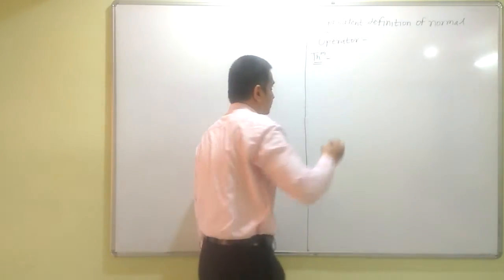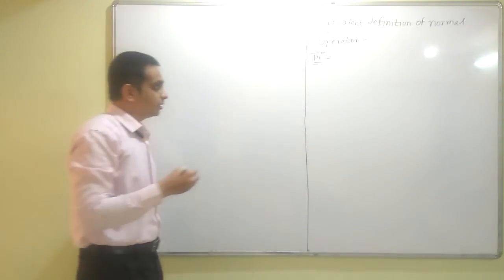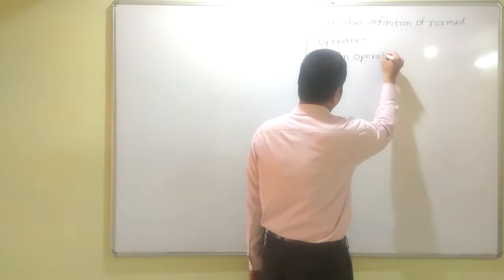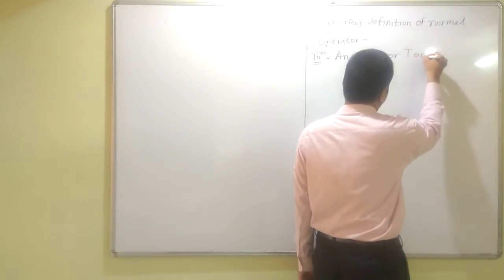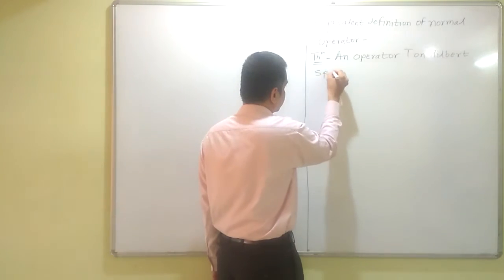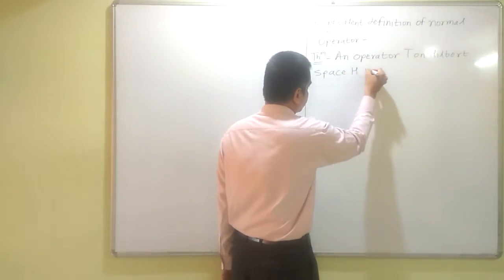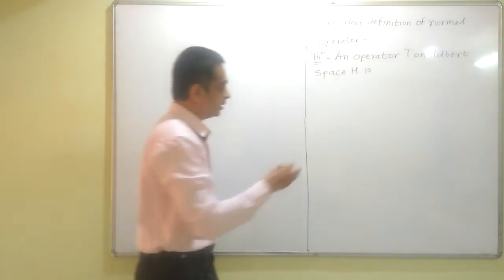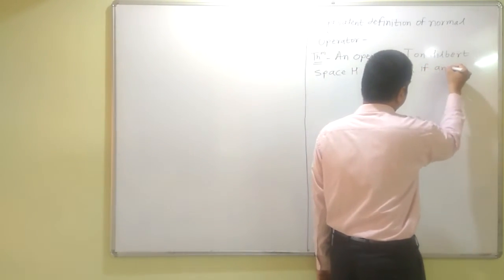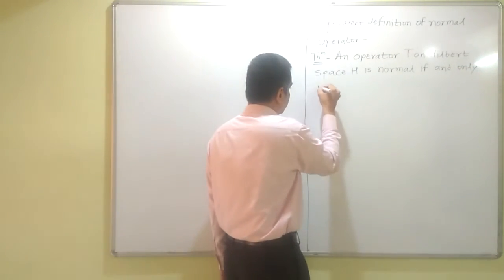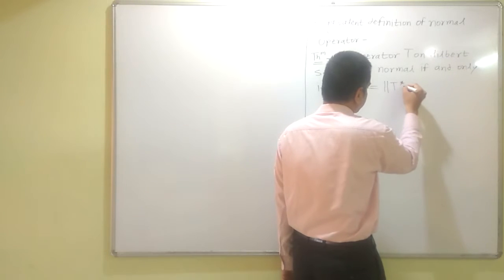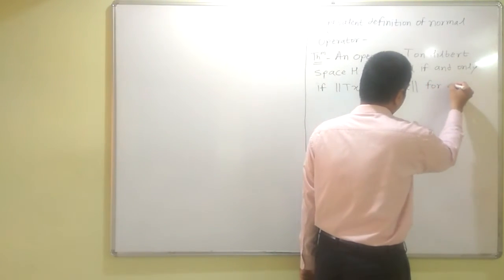Let T be an operator on Hilbert space H. T is normal if and only if norm of Tx is equal to norm of T star x for all x belongs to H.